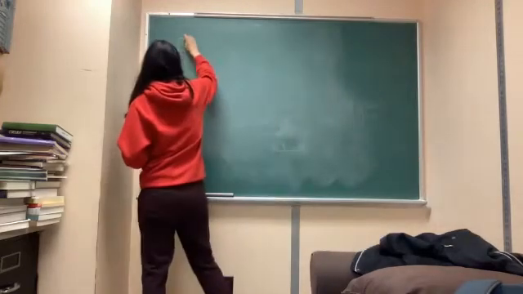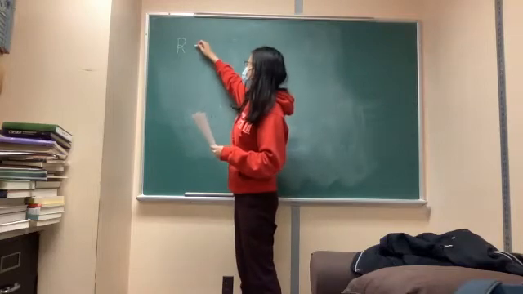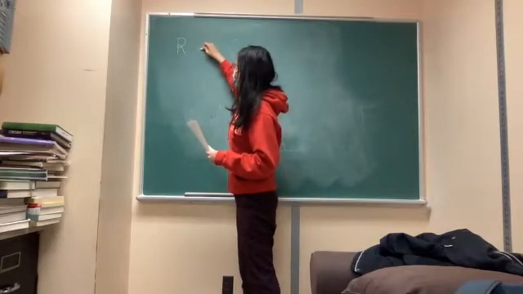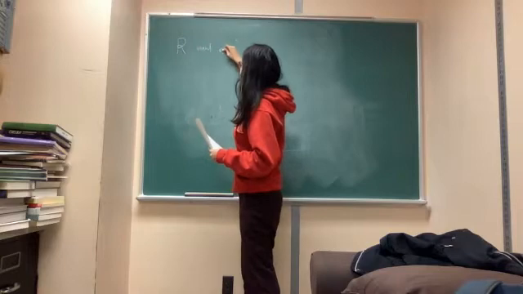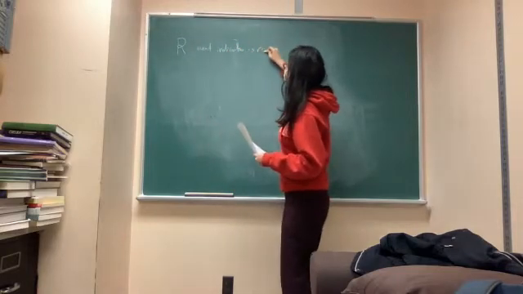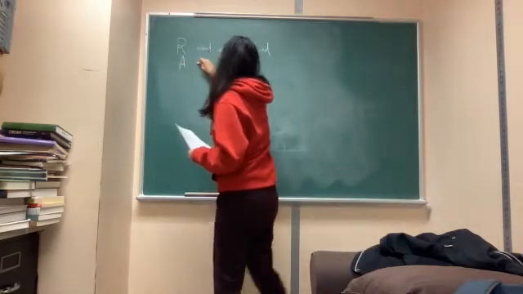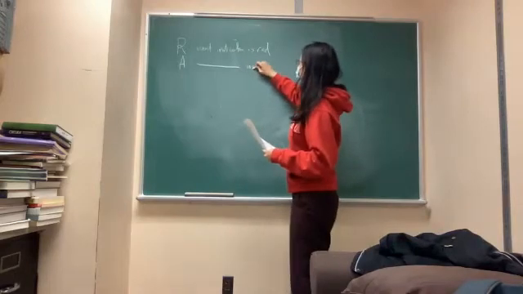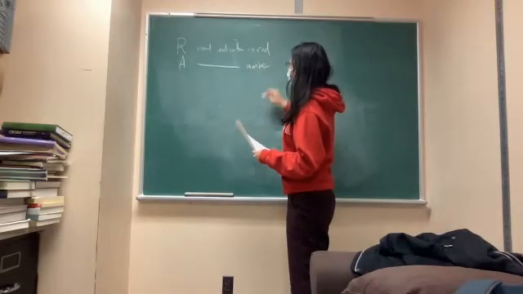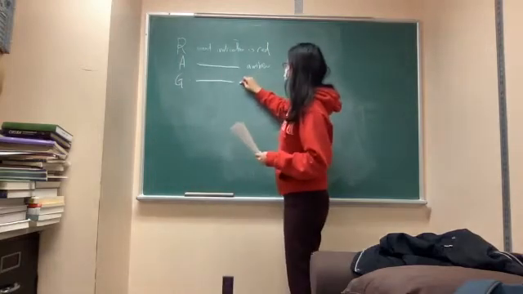You see that I'm going to define red, R, as the event that the indicator is red. A is the event that the indicator is amber. G is the event that the indicator is green.